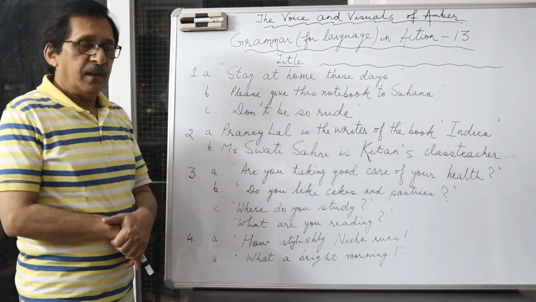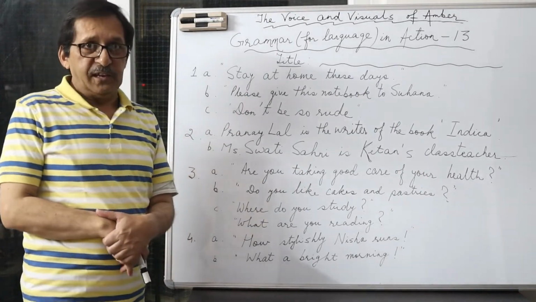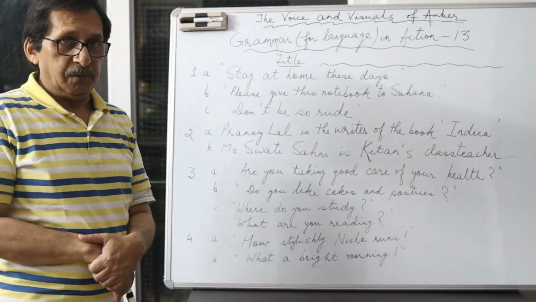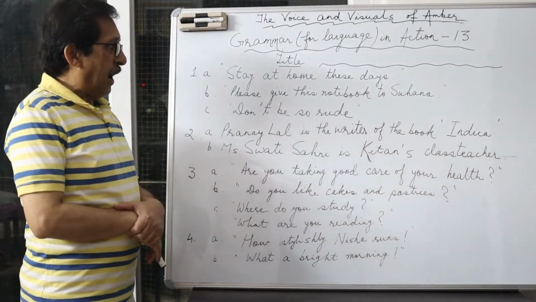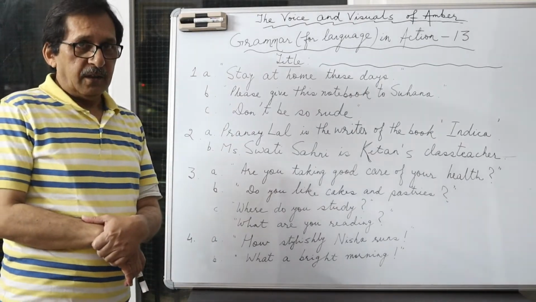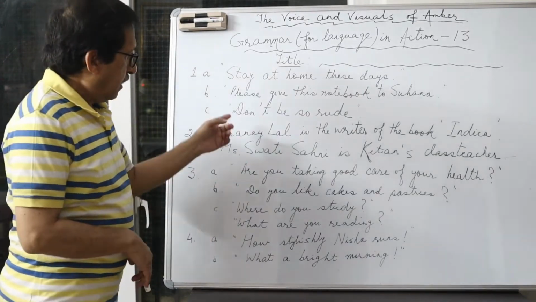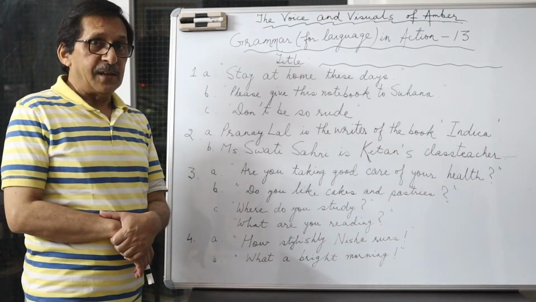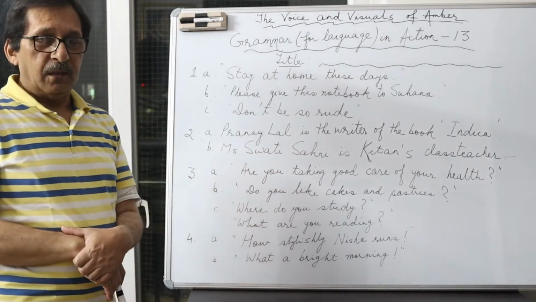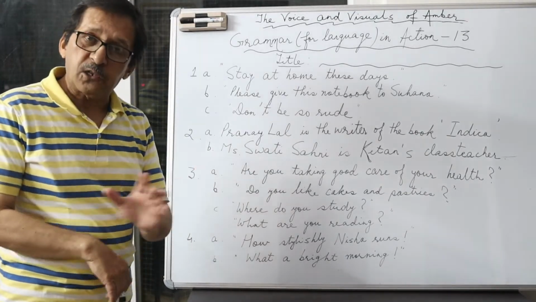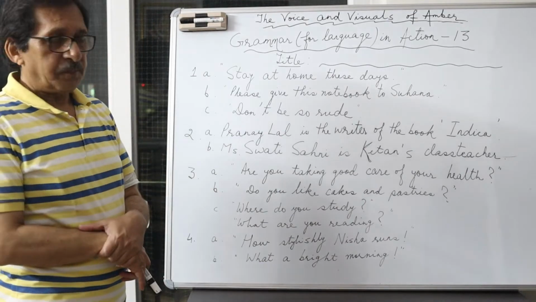In the first one, stay at home these days is a piece of advice or an instruction. The second one, please give this notebook to Suhana, is a request. And the third one, don't be so rude, is again telling someone to do something or telling someone not to do something.